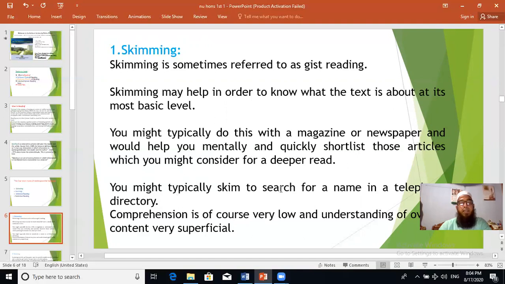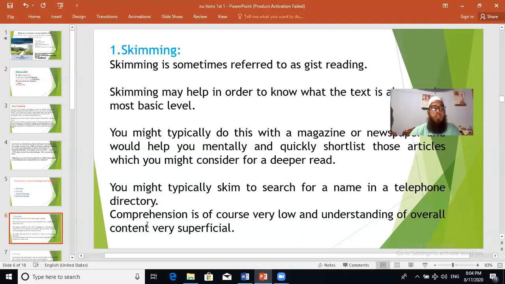You might typically skim to search for a name in a telephone directory. That is another example. Perhaps you are looking for a name in your telephone directory, the name of someone to make a call. Then you are skimming, quickly looking for the name or the particular number. Comprehension is of course very low.